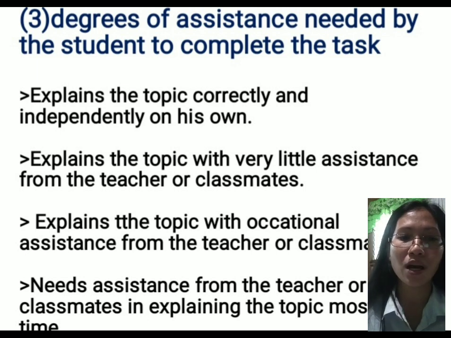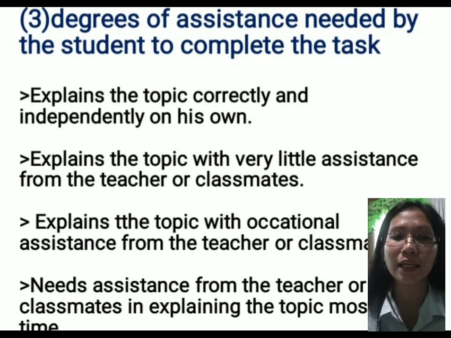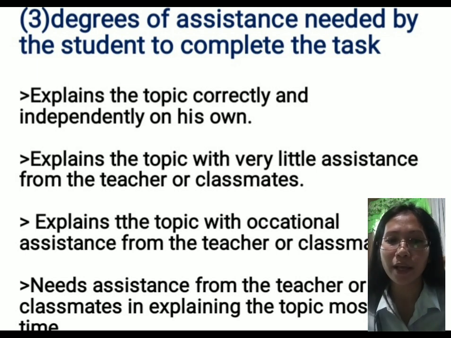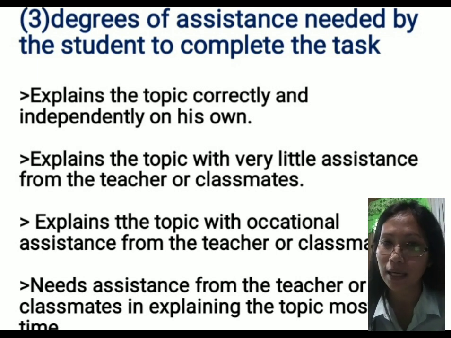And for example number 3, we have degrees of assistance needed by the student to complete the task. For example, explains the topic correctly and independently on his own. Second, we have explains the topic with very little assistance from the teacher or classmates. That's what we call level 3. And the third one, we have explains the topic with substantial assistance from the teacher or classmates.